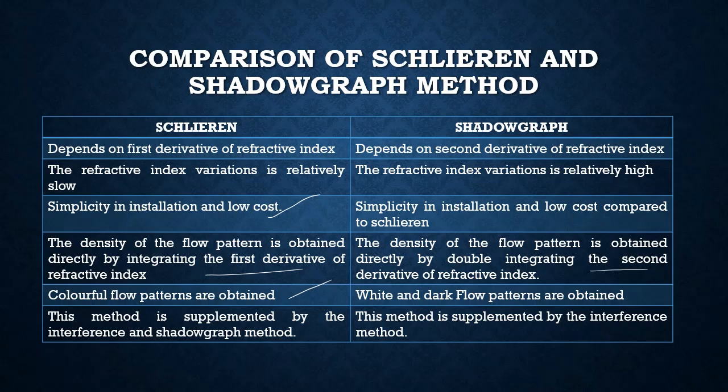This method is supplemented, so it overcomes the interference method. So we have the interferometer. Compared to the interferometer, shadowgraph is good, and compared to shadowgraph and interferometer, Schlieren is said to be the best method of recording all the shock waves which are present or produced inside the supersonic flow, right?